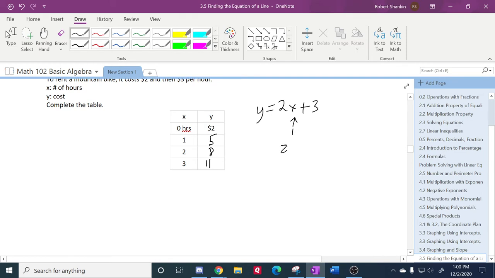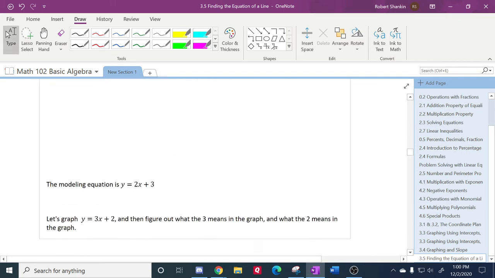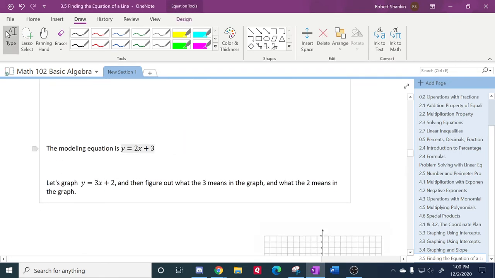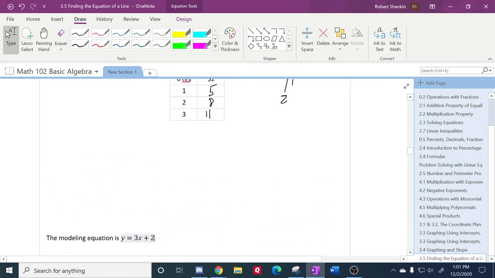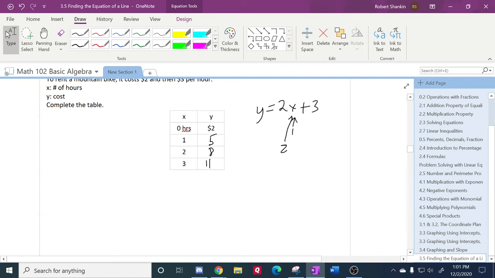When you put in 2 for the x, there's 2 times that you got charged... hold it, it costs $2 and $3 per hour. I mixed these up. It's 3x plus 2. That's right. Let me fix this in my notes.